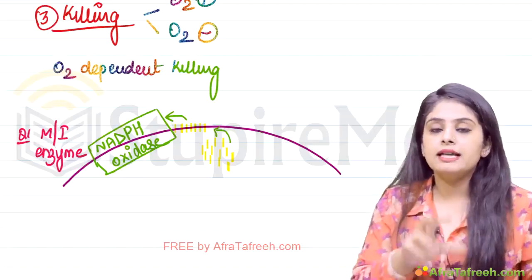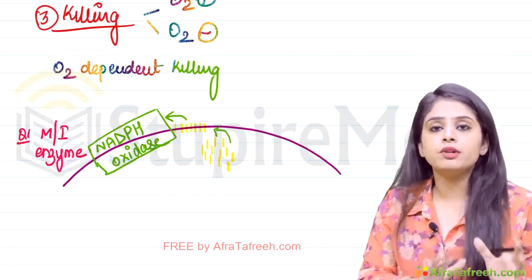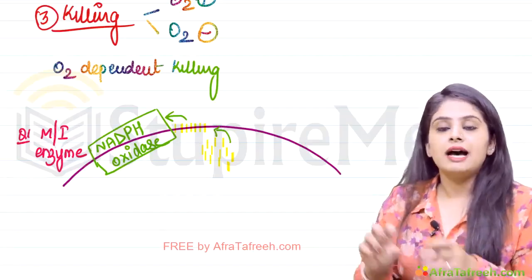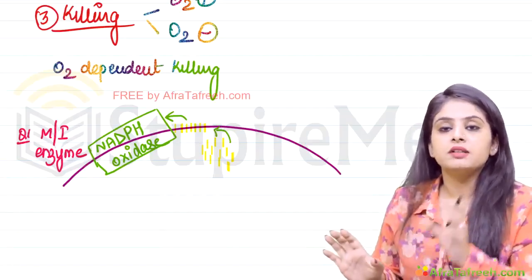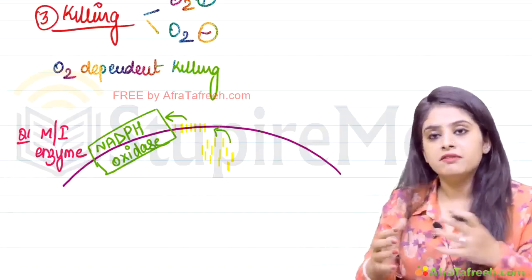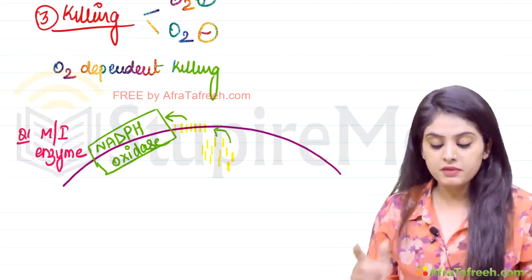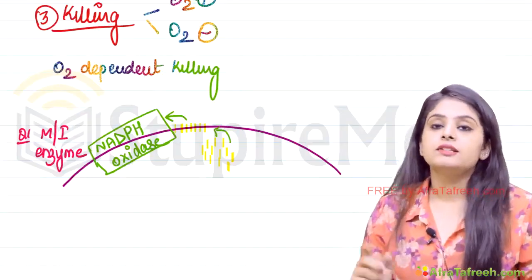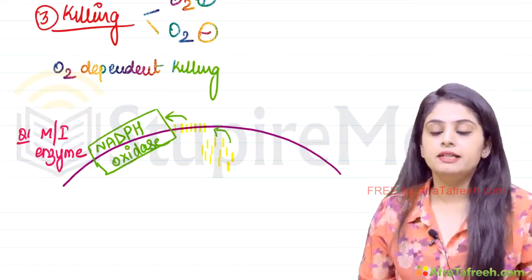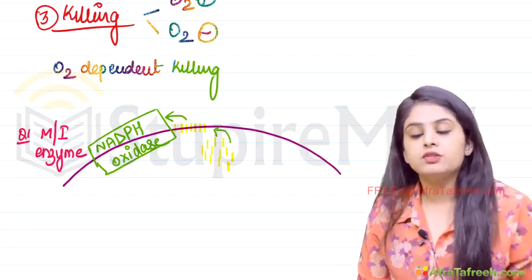So remember, NADPH oxidase, which is the most important enzyme in our entire pathway, has some amount in the cytoplasm, some parts in the membrane, but when we started this process, all of it fused and came to the membrane. Now, it is utilizing oxygen. It is an oxygen dependent killing. So what does this NADPH oxidase do?